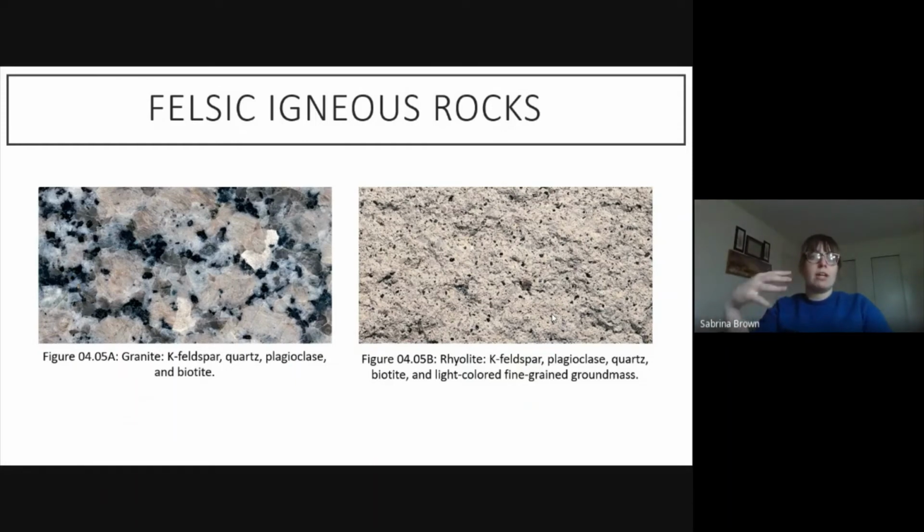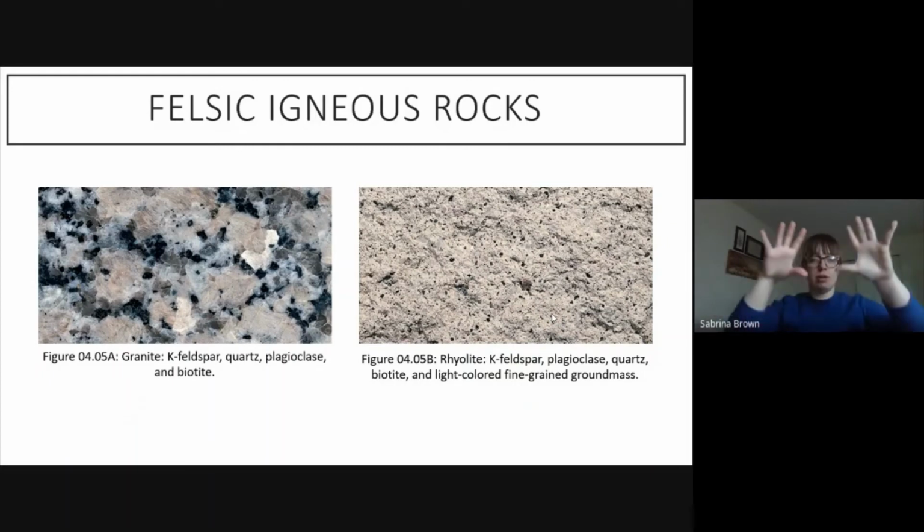These next couple slides walk you through the identification process that we will do in lab for igneous rocks. So here are two felsic igneous rocks. Notice they're both light in color with whites and pinks. There is still some black in here, so there's a black mineral in both of those.